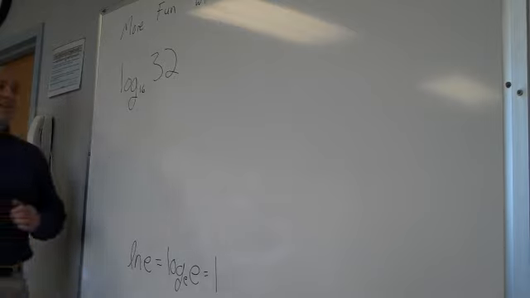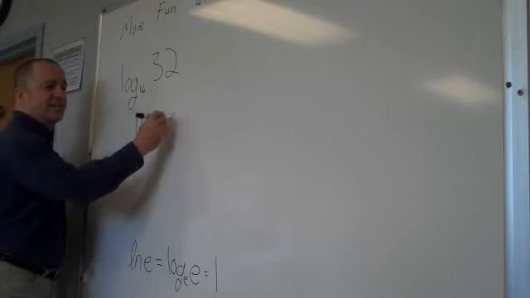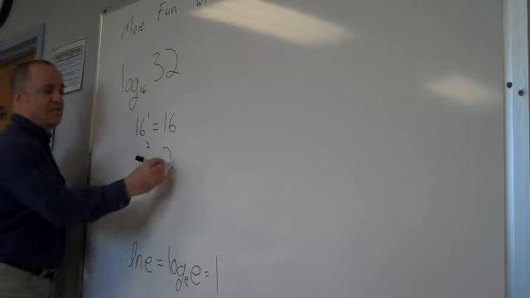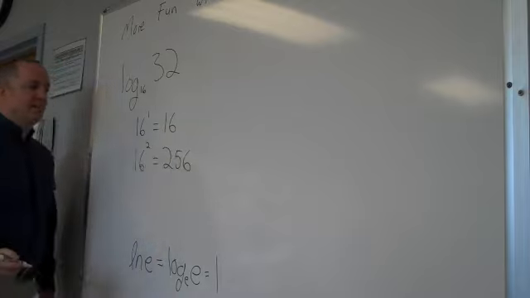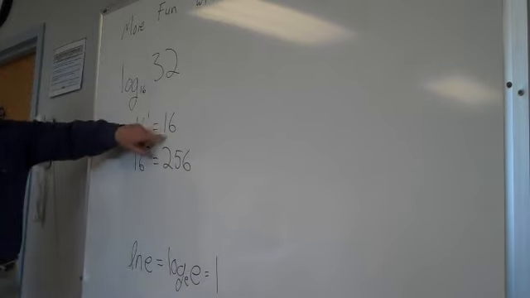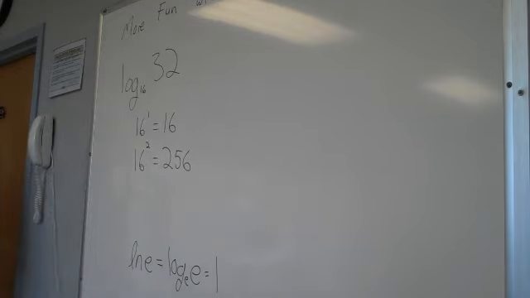That's not a bad guess, because we know 16 to the first power is 16 and 16 squared is 256. So this answer is going to be between 1 and 2, and since 32 is closer to 16, it'll be closer to 1.